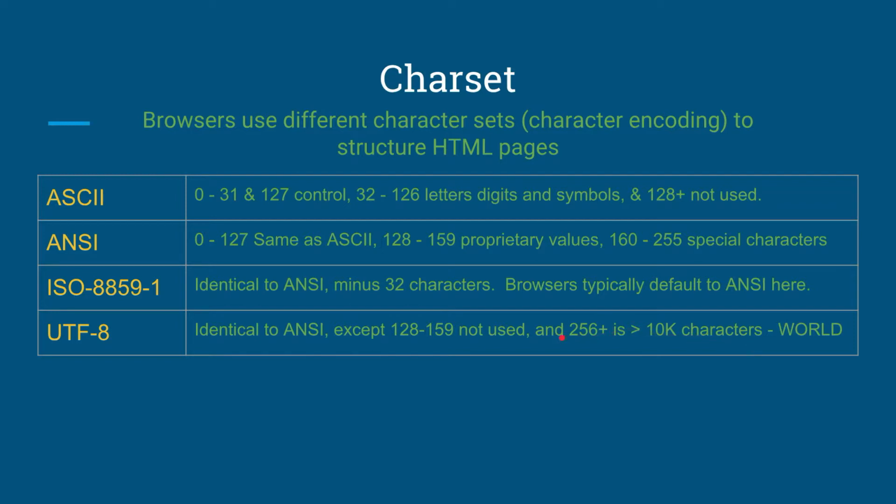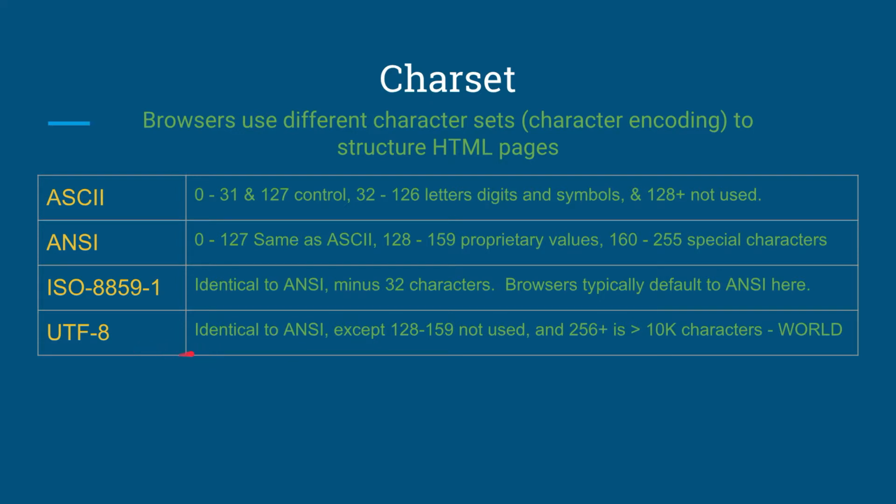I think there are some rare ones out there not used, but pretty much any character that you can think of in any language, including special characters like emojis, are used in UTF-8. And one of the big differences is ASCII, ANSI, and ISO all use 1 byte versus UTF uses a variable 1 to 4 bytes depending on what character it's attempting to build, and that's something you can look up more details of online.